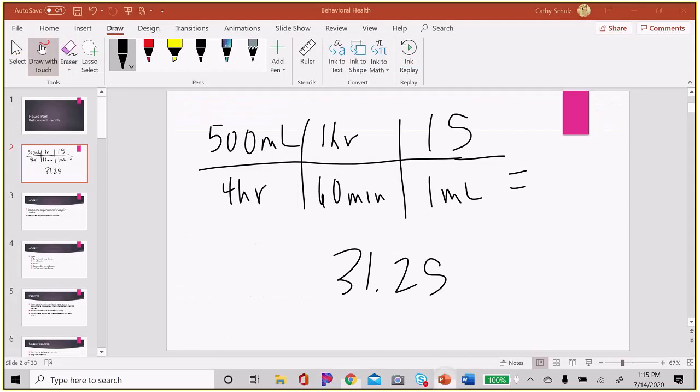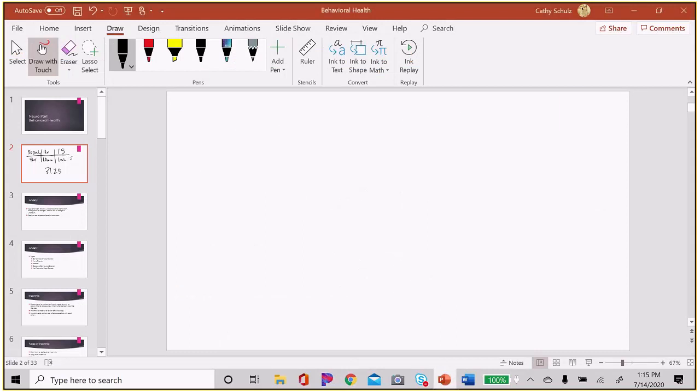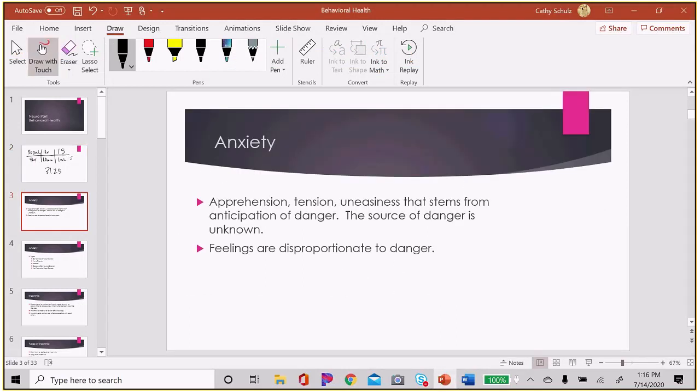Okay, but we will do behavioral health medications, and that'll be the last part that we need in order to take the exam next class. So this group of slides goes through different mental health disorders and treatments that can be used for those disorders.